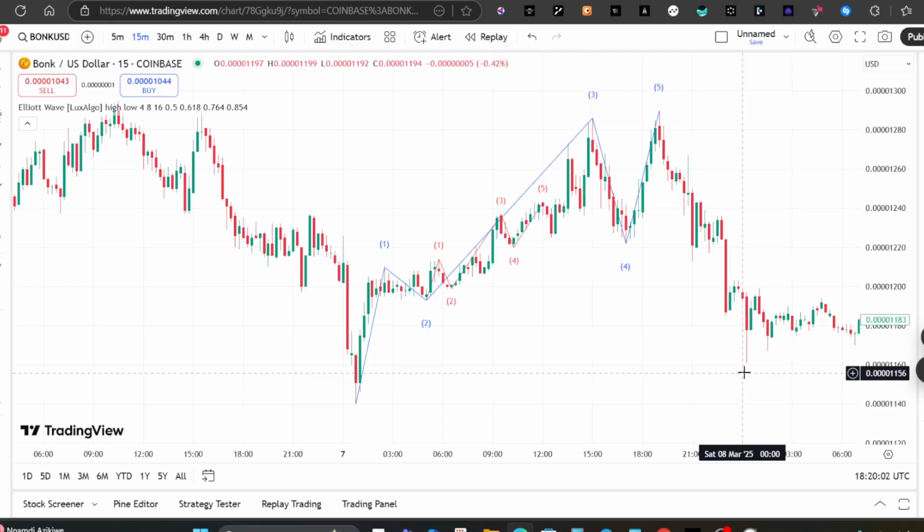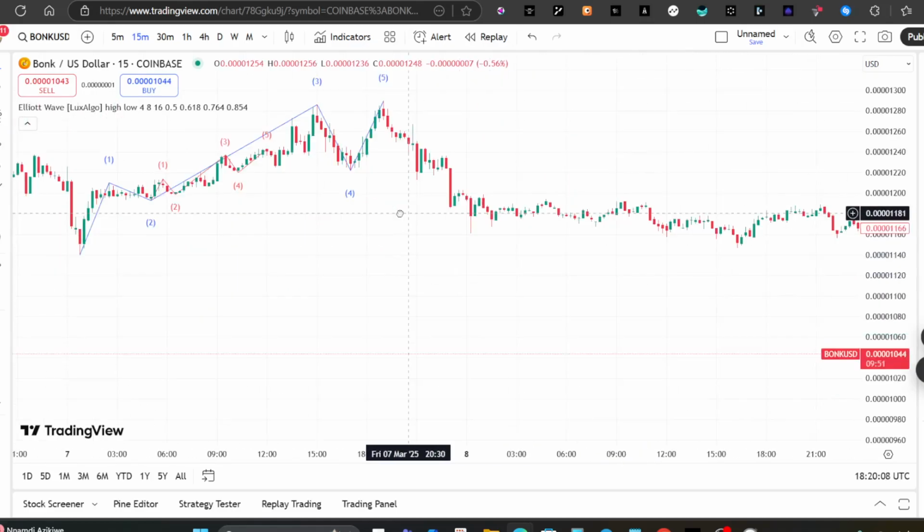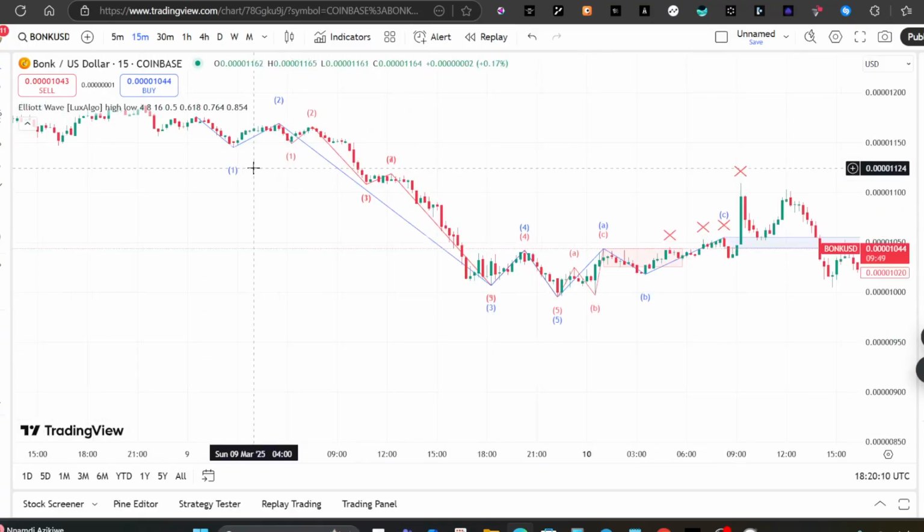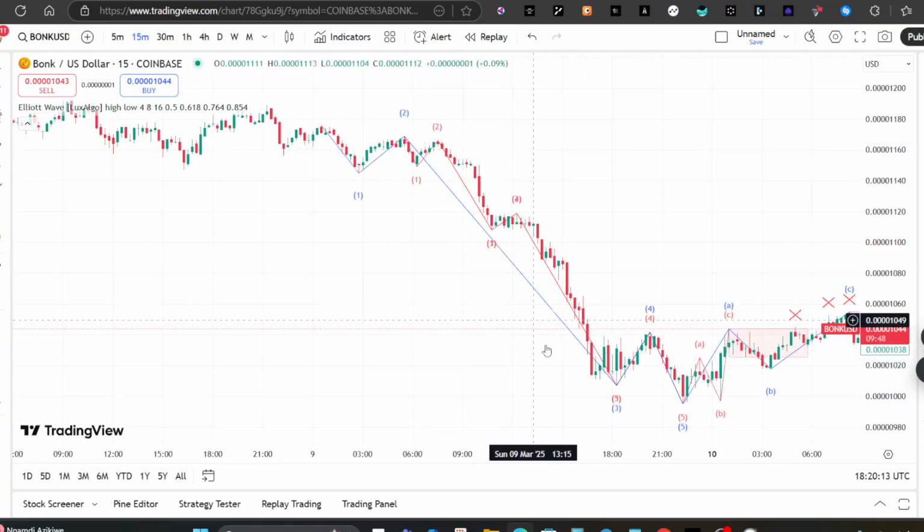So, if wave 3 is significantly longer than wave 1 and 2, then chances are high that you are in the middle of an extension, like what we had happen around here. There's a possibility that we are in the middle of an extension. Okay, the market is likely to keep pushing, giving you an opportunity to take advantage of that momentum.